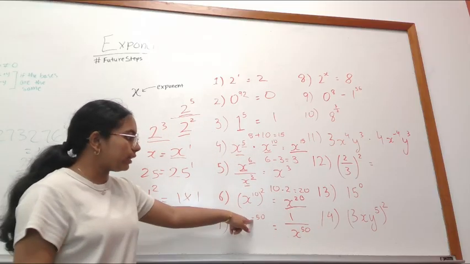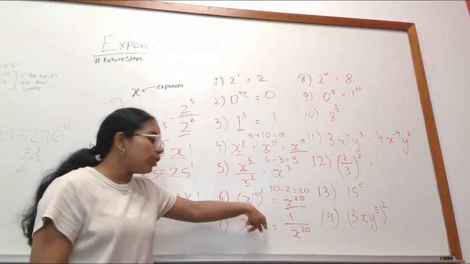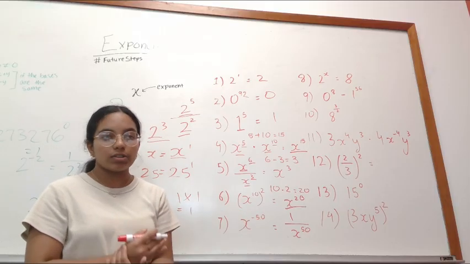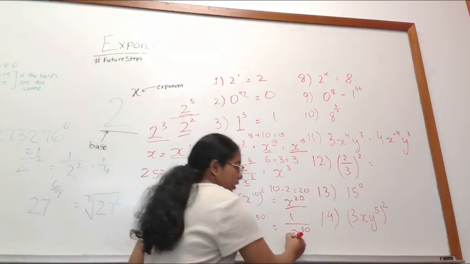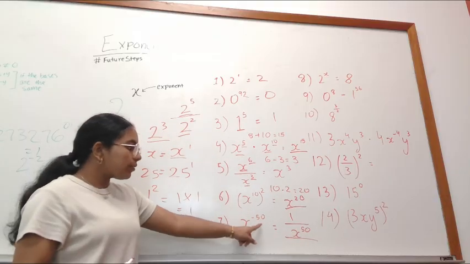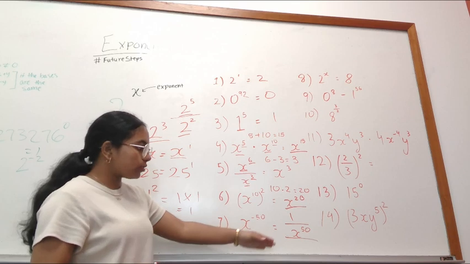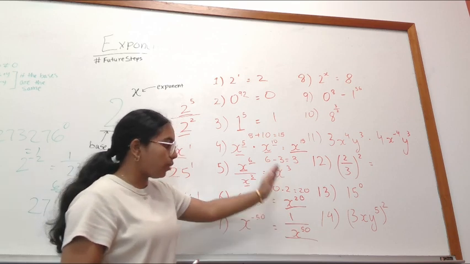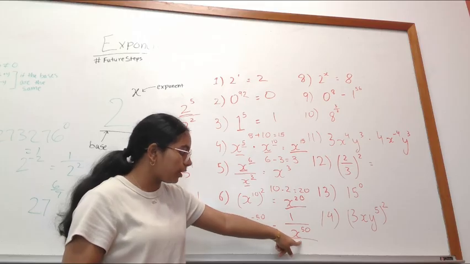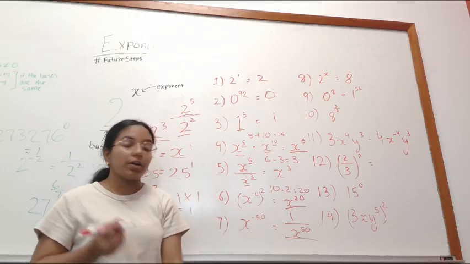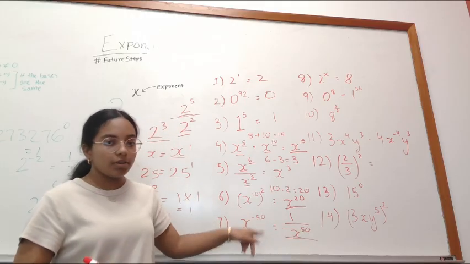If you have anything negative in the exponent, remember to always turn it into a positive as your answer, because that's really important in math. Since we have a negative exponent, we convert it into a positive by putting a 1 on top, and putting it into the denominator with the same exponent but without the negative symbol.